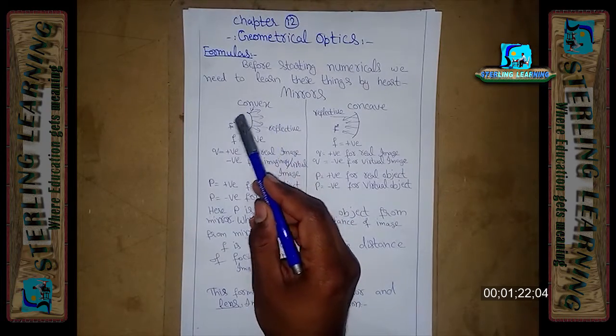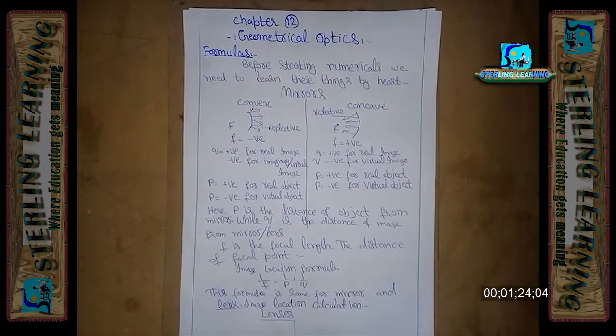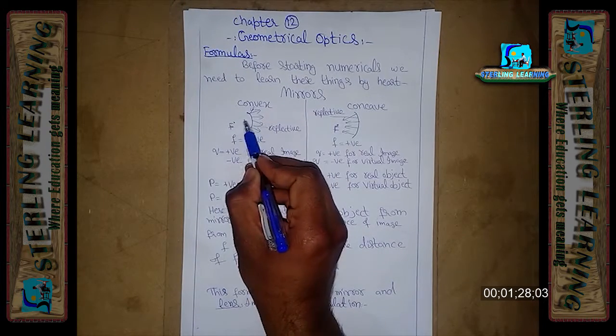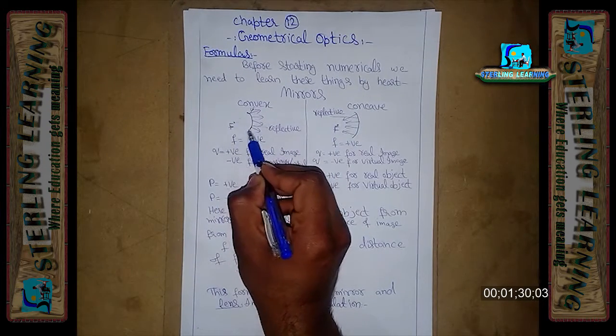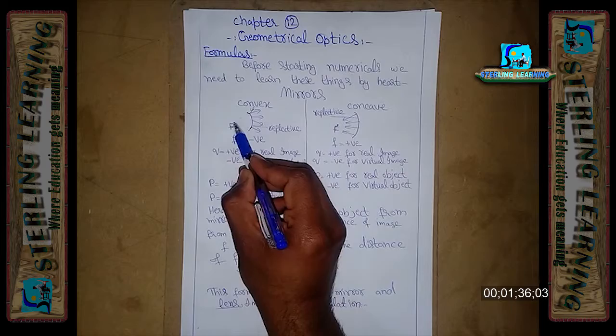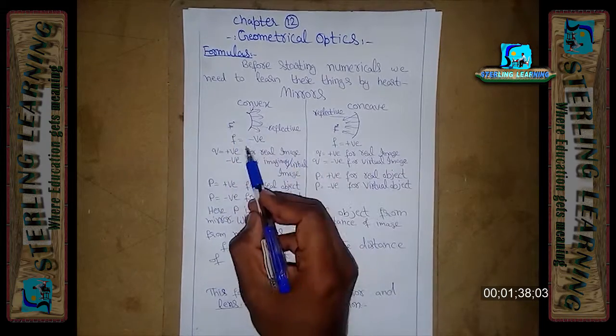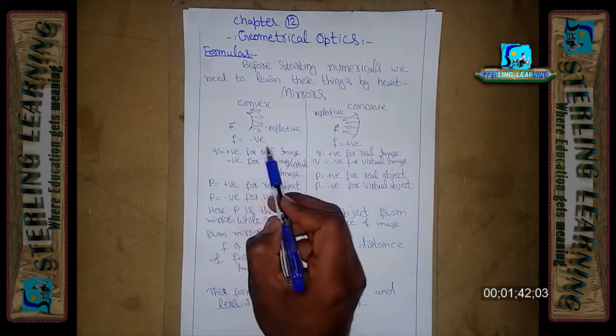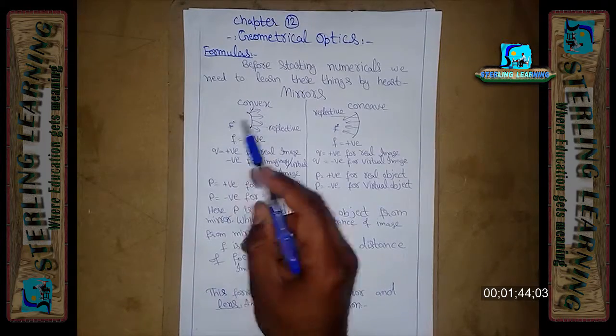So the focal point is where the imaginary lines we draw to the back side merge and pass through one point. The distance from the mirror to this point is the focal length, which is negative because it is behind the mirror.